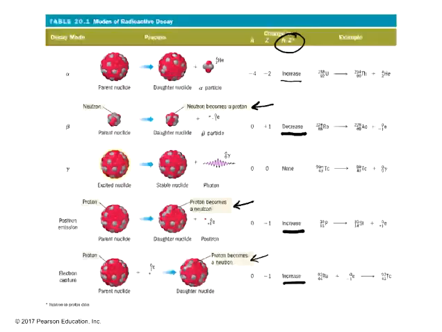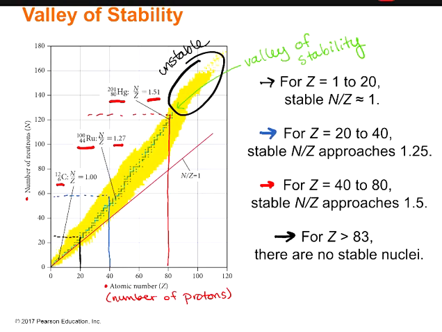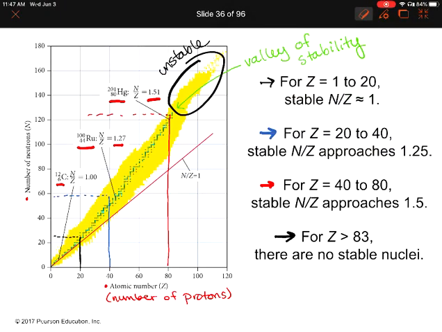So let's go back to that chart we saw, and I'm just going to erase some of these markings that I made. So let's determine where this isotope lies on the chart. So we said magnesium has 12 protons, so that's about here. And this particular isotope of magnesium has 16 neutrons.